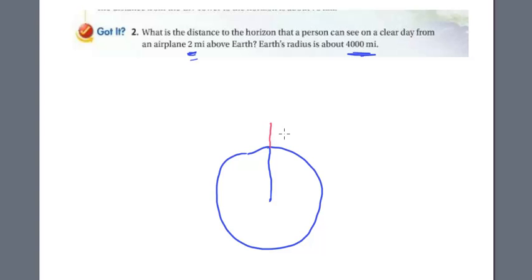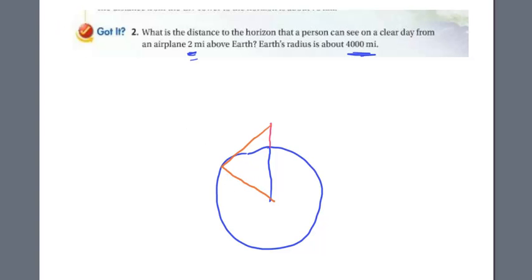And now to figure this out, I'm going to draw a line that's tangent to this circle, which means it's going to touch in one place. That's going to be a really bad drawing because I had a really bad circle. That's alright. So I'm going to extend this triangle here.